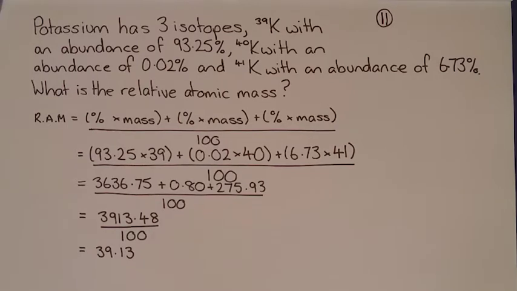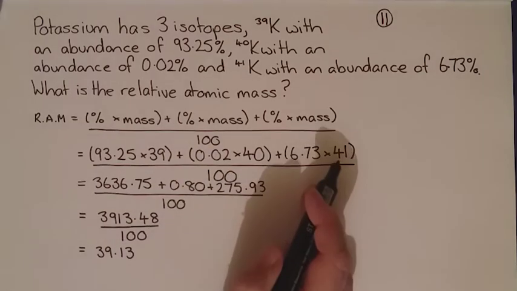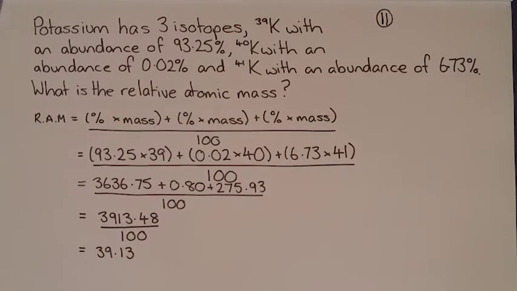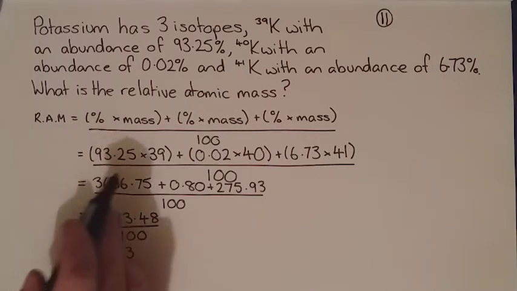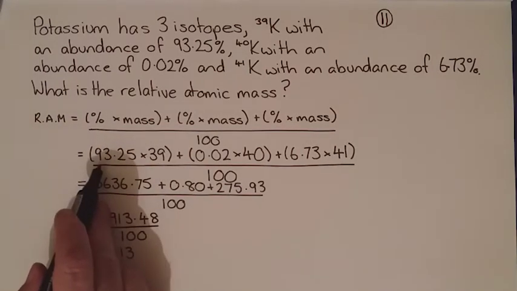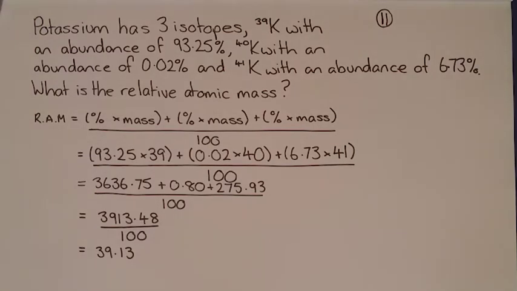Now at this point, you need to step back and have a think. Number one, does the answer make sense? It's in between 39 and 41. Therefore, it's a plausible answer. The isotope with the biggest abundance is 39. Our answer is quite close to 39, so again, that makes sense.